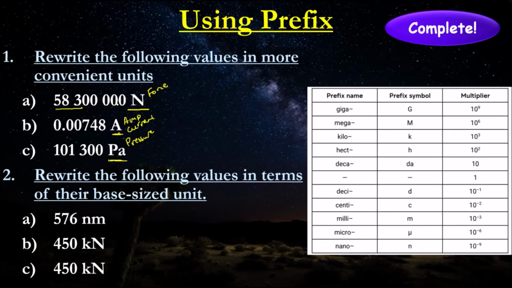583, we have 1, 2, 3, 4, 5, 6 positions. We could use mega. If we use a prefix like mega, it has a multiplier of 10 to the power of 6. So if you imagine we start our decimal here, the 10 to the power of 6 means we can move our decimal in this direction 6 times. 1, 2, 3, 4, 5, 6.